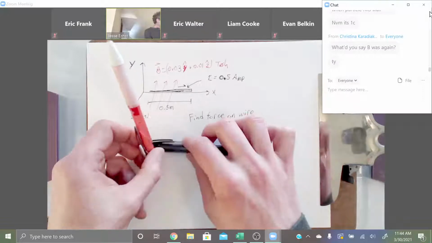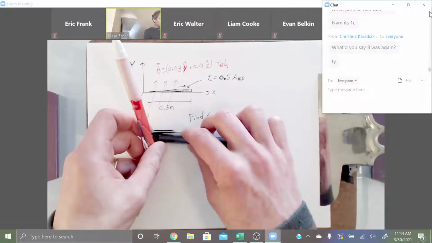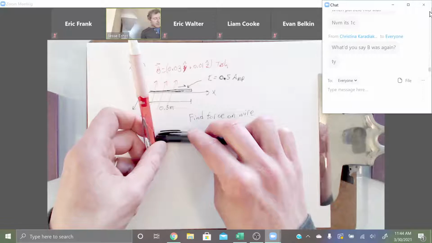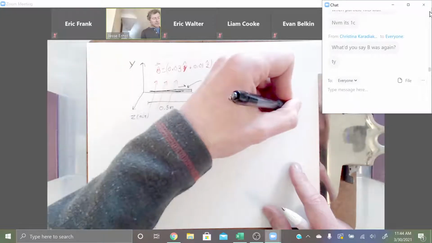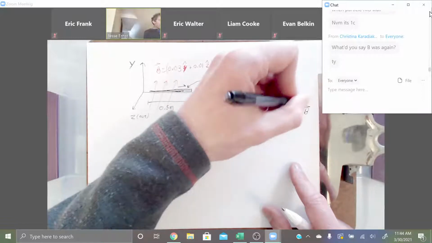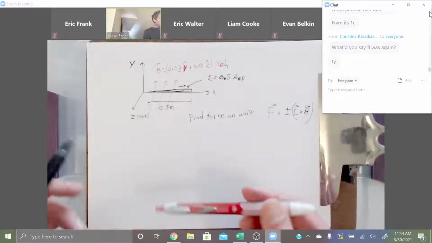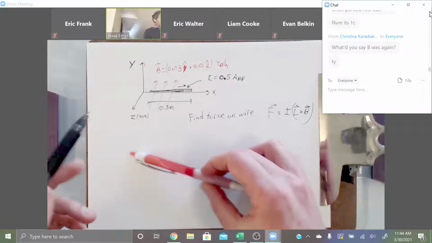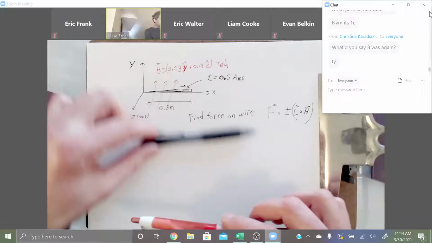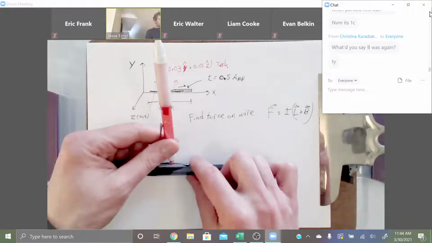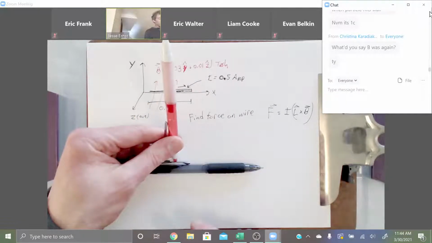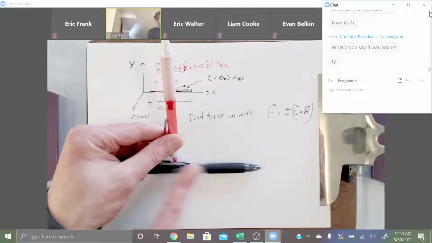Before we actually do this, we know the force on the wire is going to be I times L vector cross B vector. So take a minute in your head and figure out the direction of L vector, which goes that way, and B vector, which is a mix of y and z, which comes this way. Just picture the direction of L cross B.